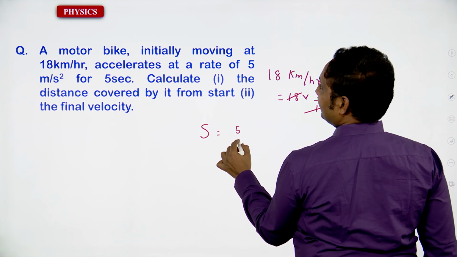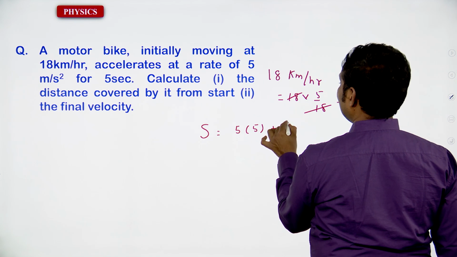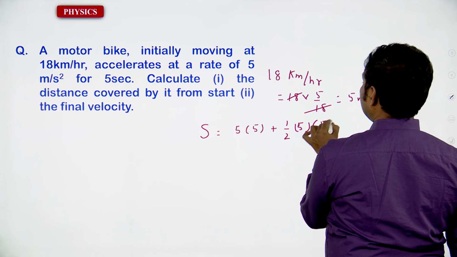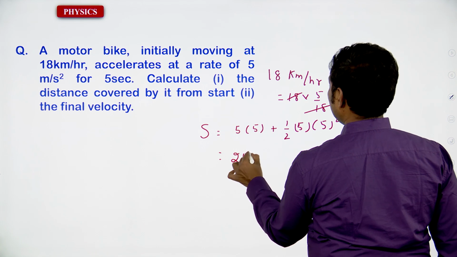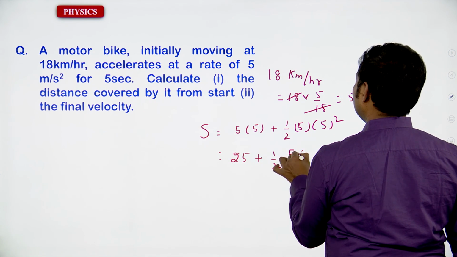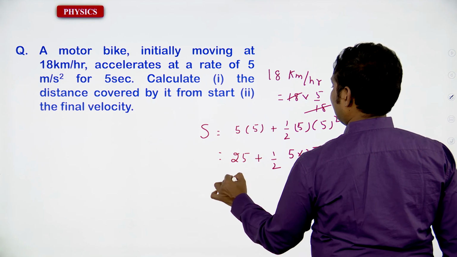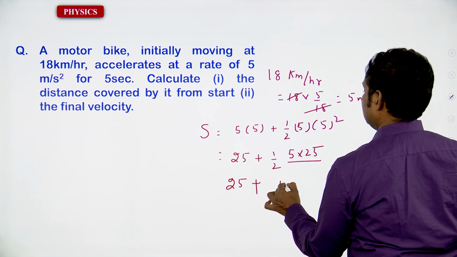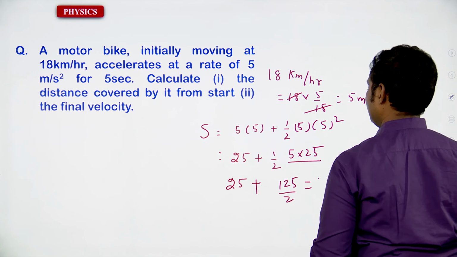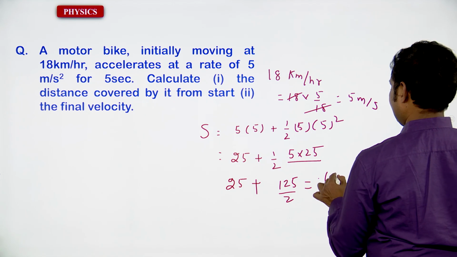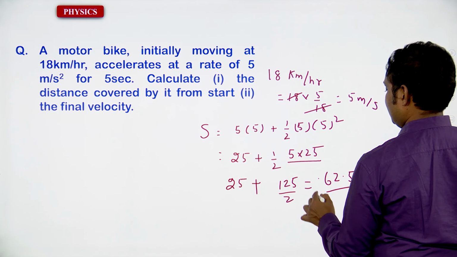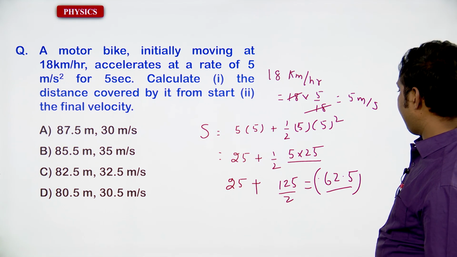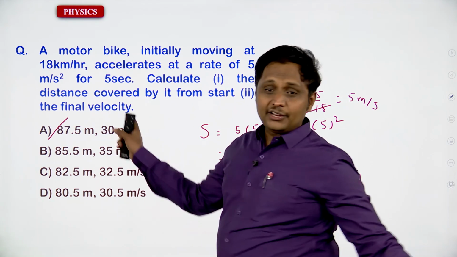So it is 5 into 5 plus 1 by 2 into 5 into 5 square. 25 plus 1 by 2 into 5 into 25, 125. 25 plus 125 by 2 is 62.5. So you have to take that, that is going to be 87.5 meter.